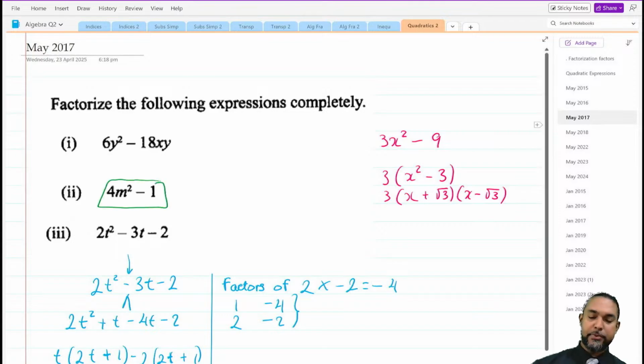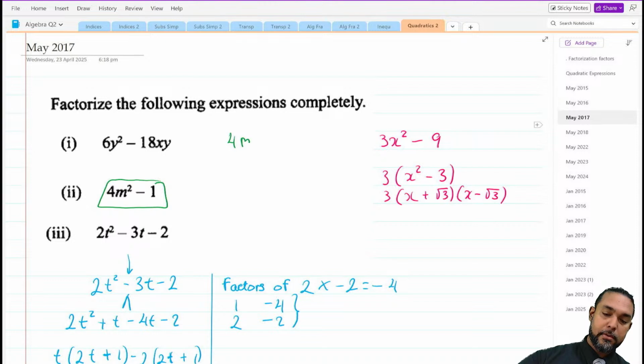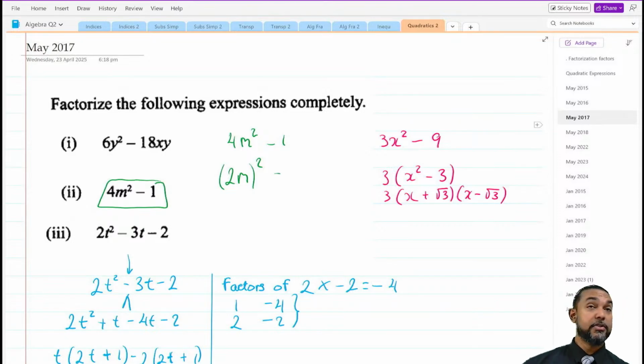This one here, 4m squared minus 1. Difference of two squares. Are we subtracting? Yeah. Only two terms? Yeah. 4m squared, is that a square? You get 2m. Is 1 a square? Yes, because 1 squared is 1. All right, factorize that.